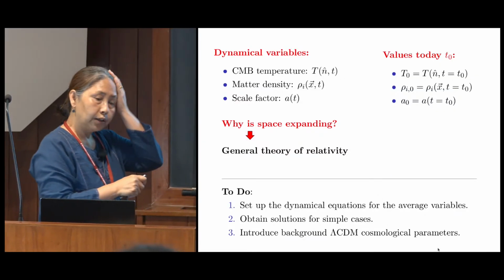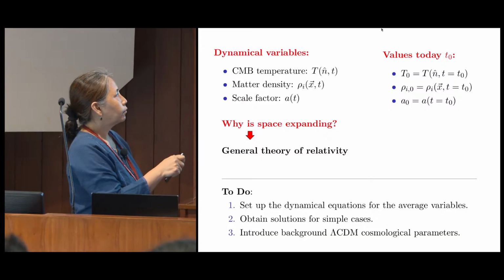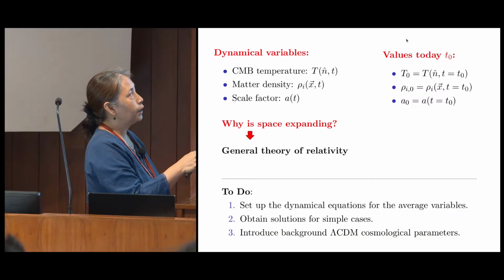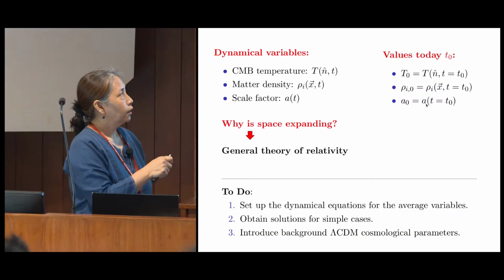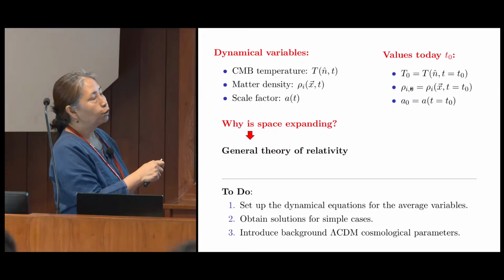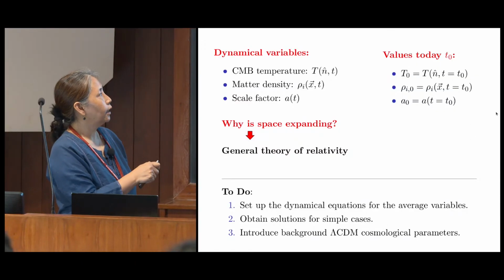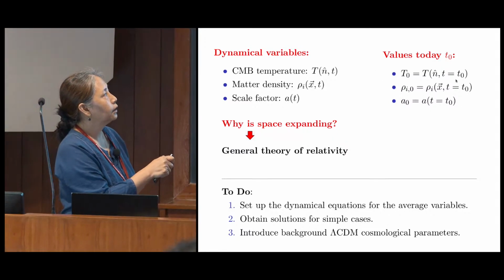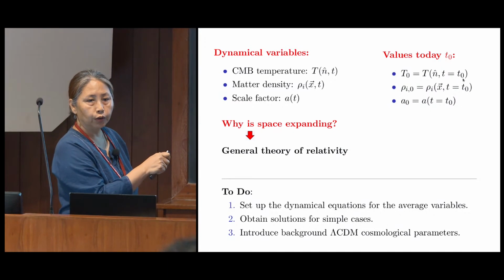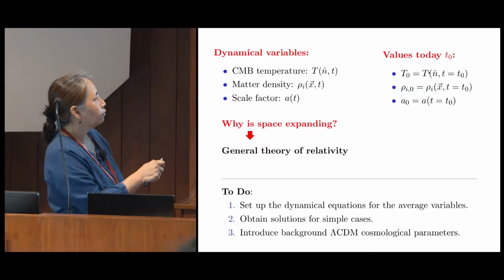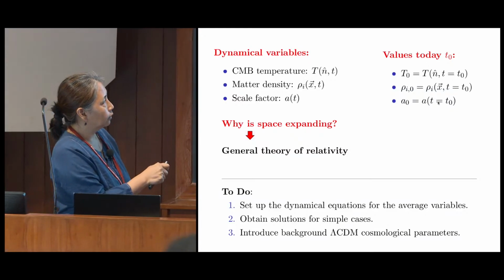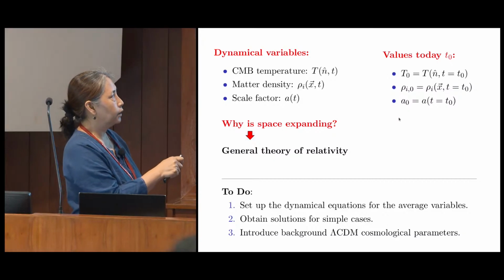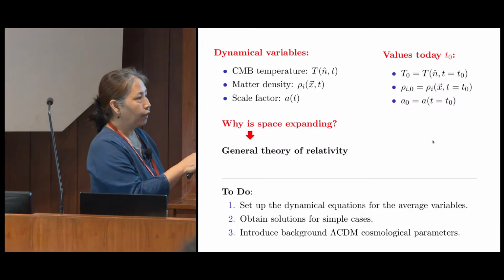We will also be interested, in this whole story, in the values that we measure today. In the literature, if you find a 0 or naught symbol attached, that means it is measured at t equal to t naught, which is today. So t naught, and similarly for the density and the scale factor.